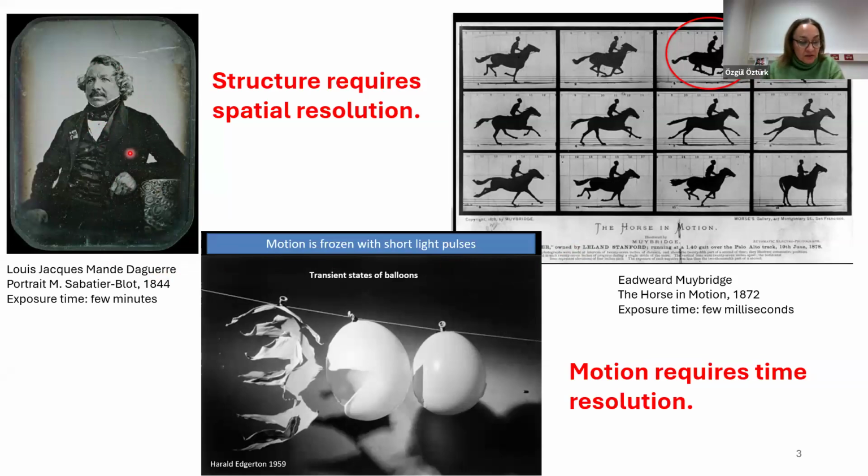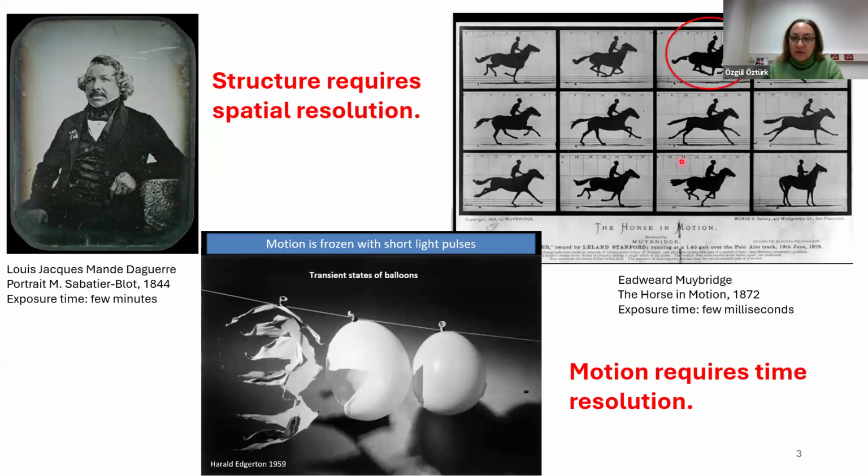They gave us structure, what things look like, but absolutely no information about the motion. It is just a static structure image. A few decades later, we have these famous horse images by Muybridge.